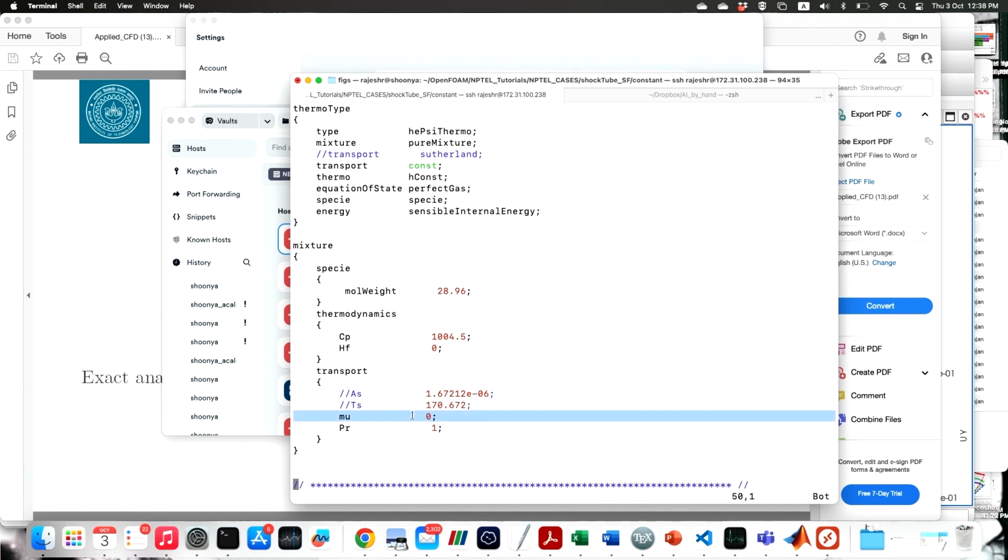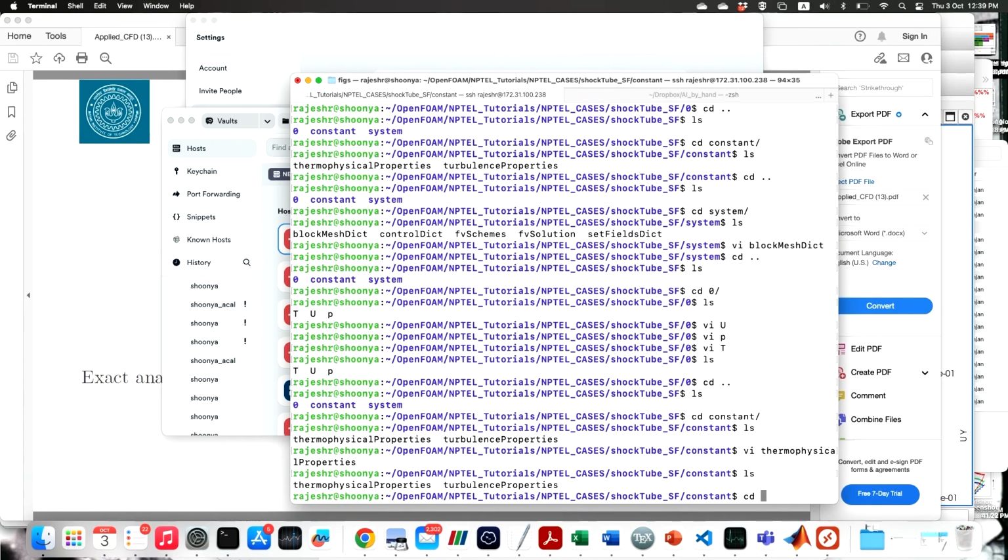So, it is an inviscid flow. I am putting mu equal to 0 and transport equal to constant, that is why. Here also I am using sensible internal energy, and the mixture is air, and Cp is around 1005, but anyway H is constant here. So, all other things are done.